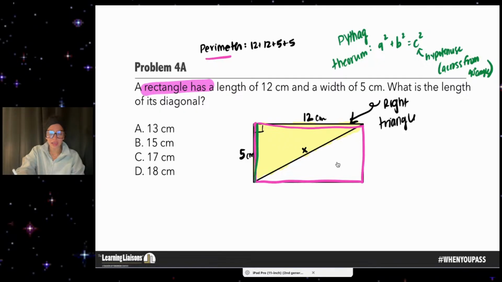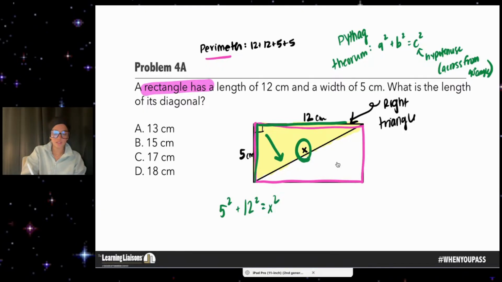So this is a leg and this is a leg. So I can do 5 squared plus 12 squared equals c squared, because that length that I'm looking for, or x, I could really call this x squared, is across from that 90-degree angle, which means it's the hypotenuse.